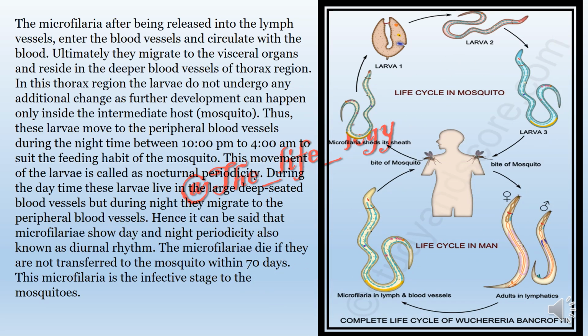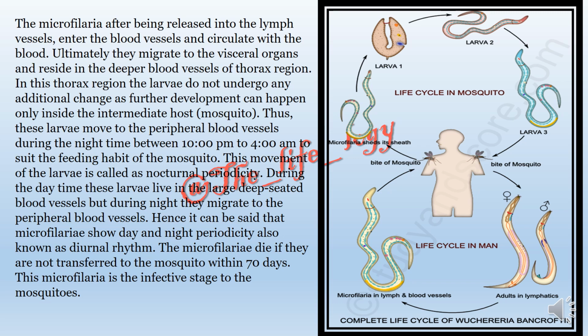The microfilariae, after being released into the lymph vessel, enter the blood vessels and circulate within the blood. Ultimately, they migrate to the visceral organs and reside in the deeper blood vessels of the thorax region. In the thorax region, the larvae do not undergo any additional change, as further development can happen only inside the intermediate host, that is the mosquito.